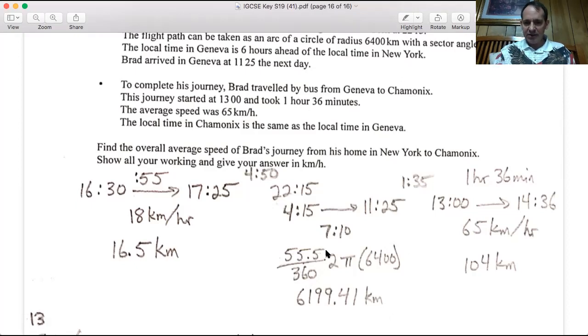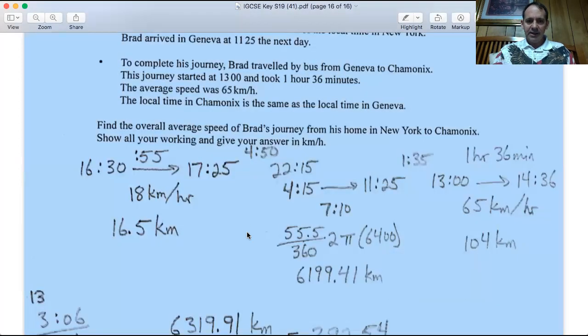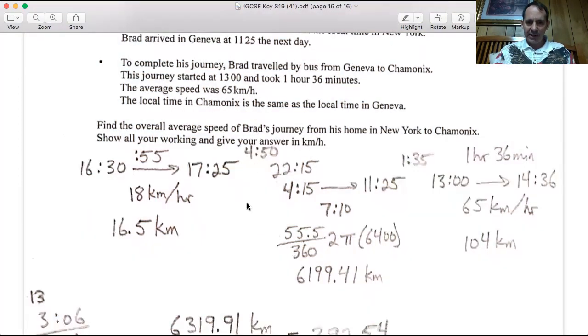You multiply this out. This comes from your sector area and arc length that you had in IGCSE material. You get 6,199.41 kilometers for this section. Obviously, there's no kilometers while he's waiting at the airport, but there is time.